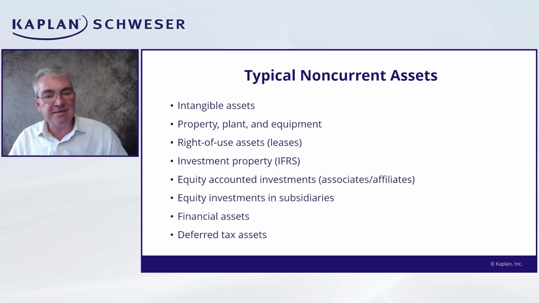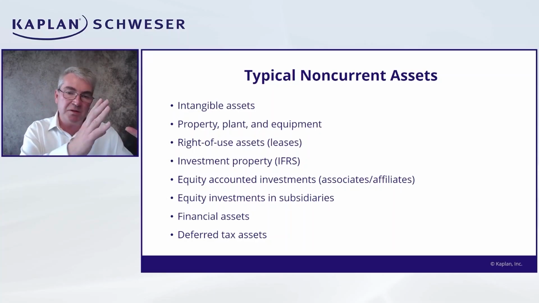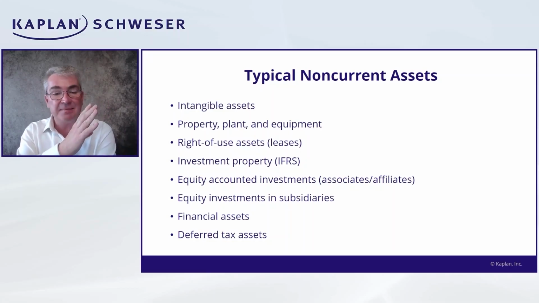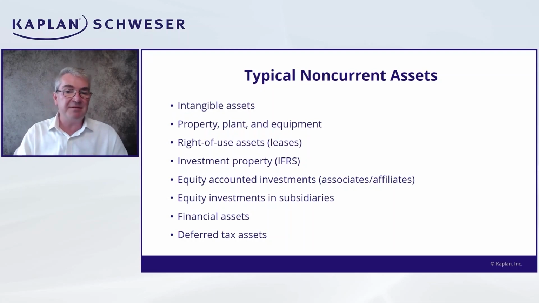Now the idea is these of course are going to generate benefits over a number of years, so we store the cost in the balance sheet and then release it against earnings in the income statement as we realise those benefits over time.